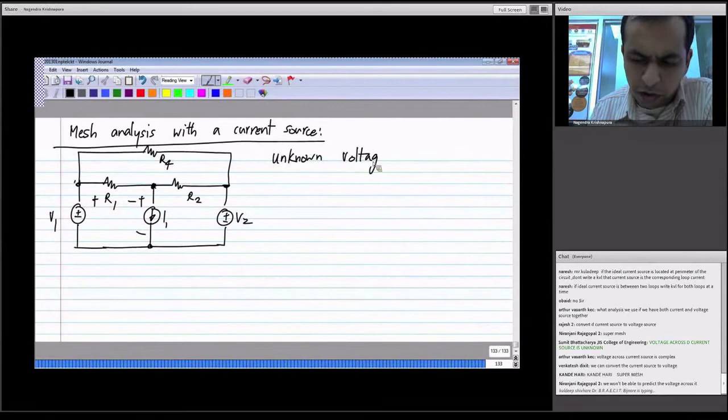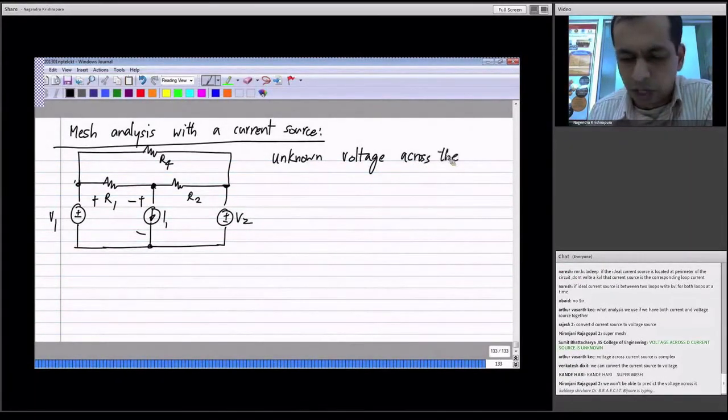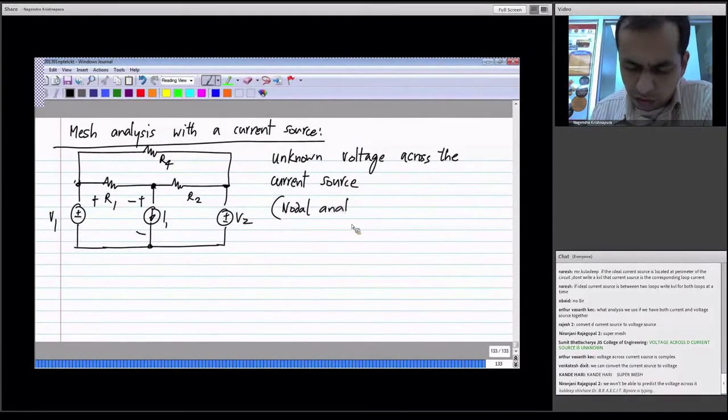Okay. So if you recall, when you had nodal analysis and voltage sources, you had the complication because of the unknown current through the voltage source.